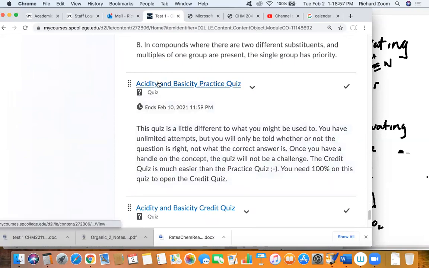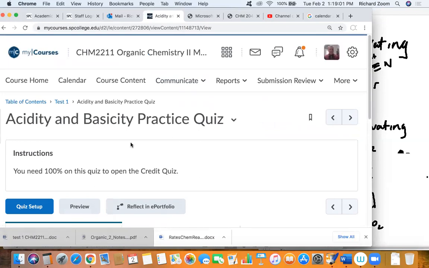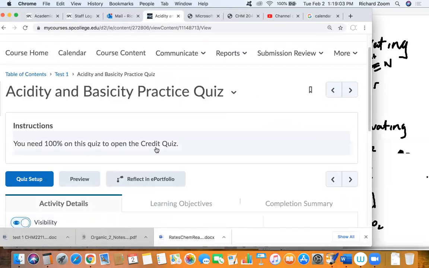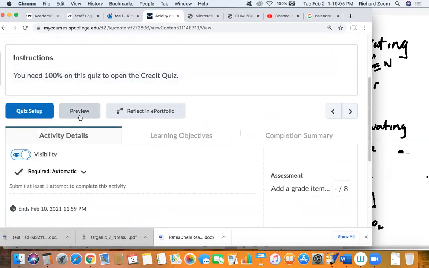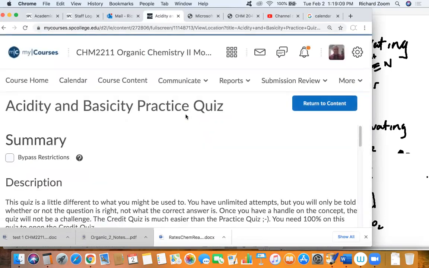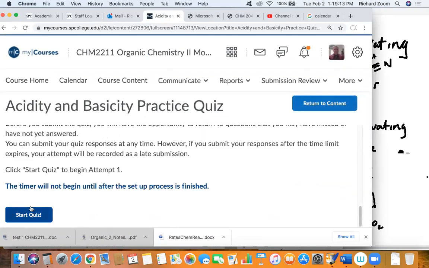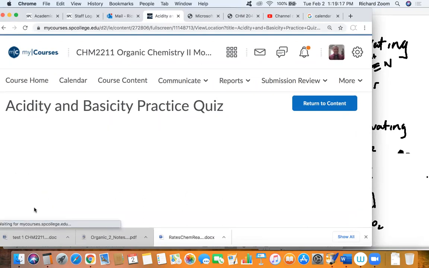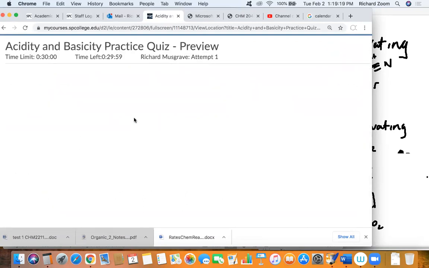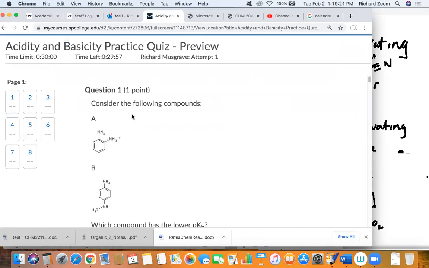Okay, so this is the acidity basicity practice quiz. You need 100% on this to open the credit quiz. Donna, what's the other catch to this? Since you've done it, well, you need 100% on it. So what's the catch to it though?